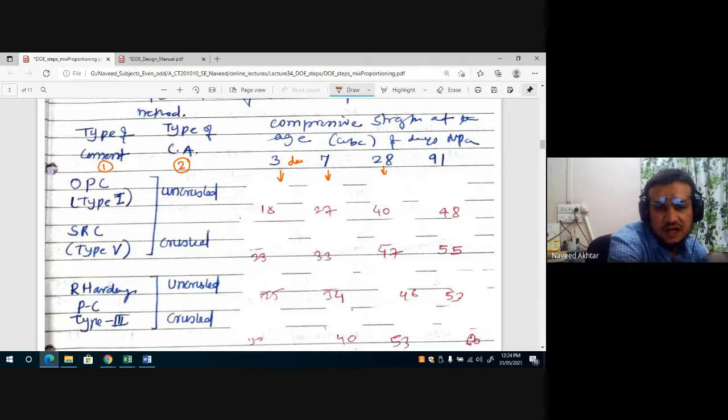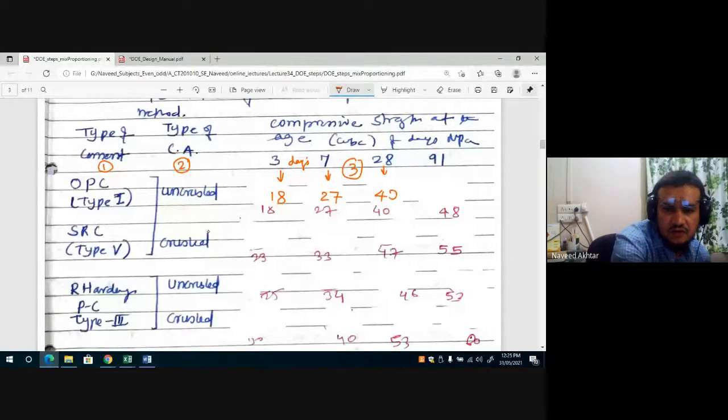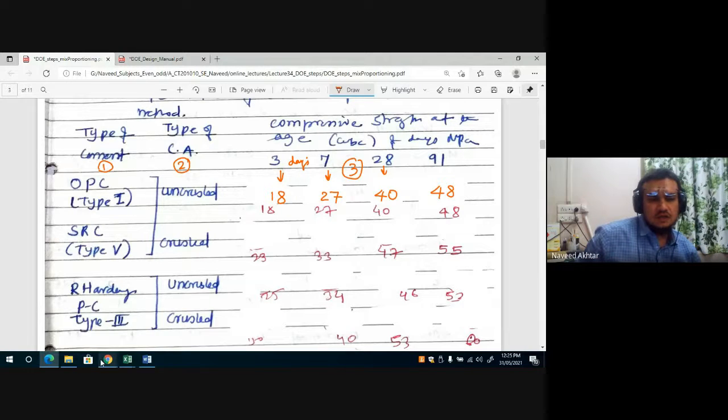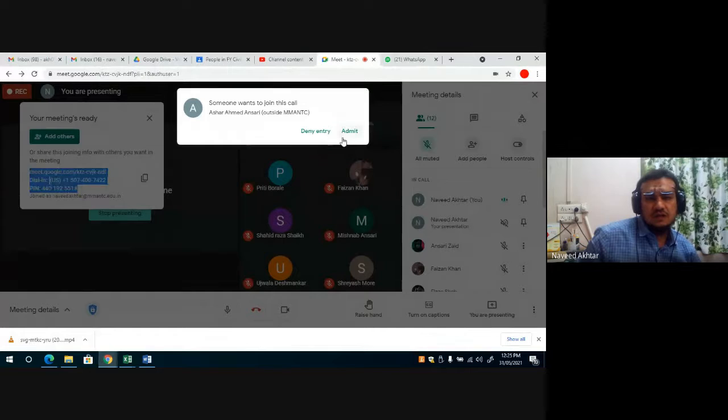You can see the OPC type 1 cement is there. For uncrushed aggregate, the compressive strength for 3 days is given as 18, for 7 days 27, for 28 days 40 Newton per mm square, and for 91 days 48.